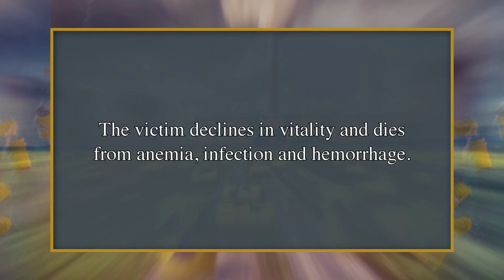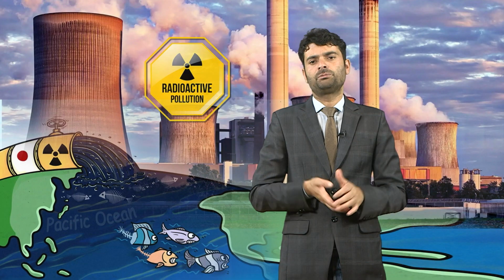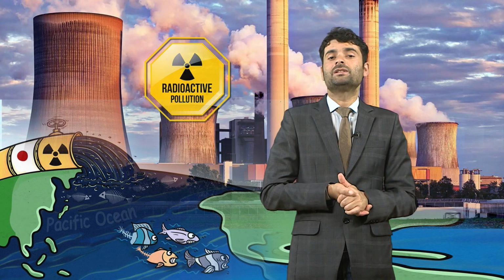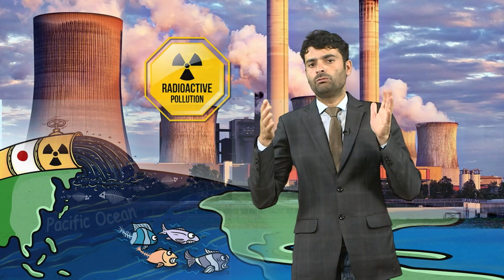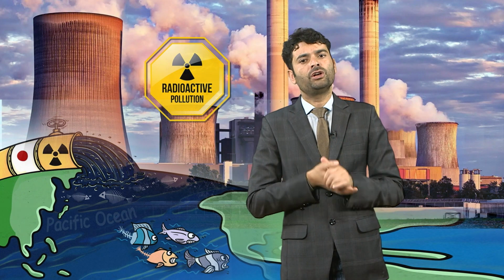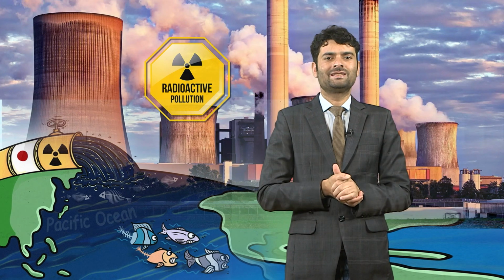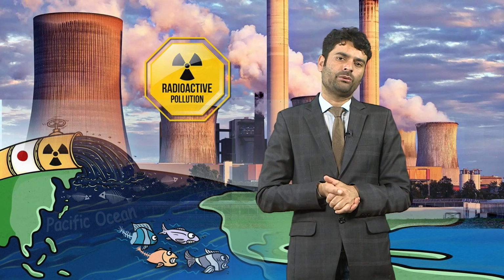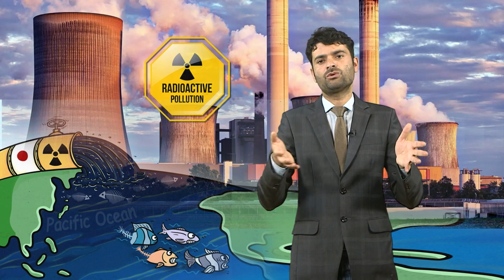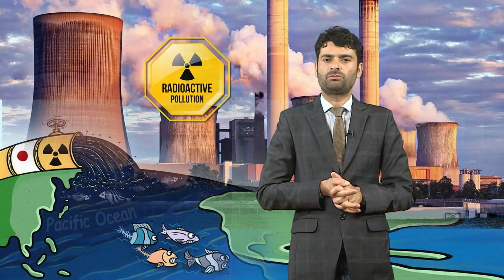The victim declines in vitality and dies from anemia, infection and hemorrhage. The parts of a body differ in sensitivity. Yes, the most sensitive tissues from acute doses are intestines, lymph nodes, spleen and bone marrow. The radiation destroys the body's immune response.